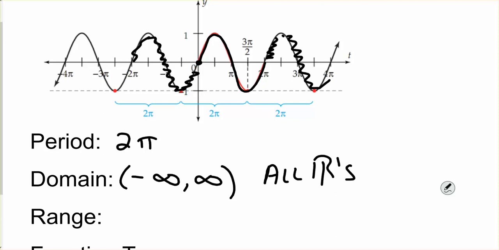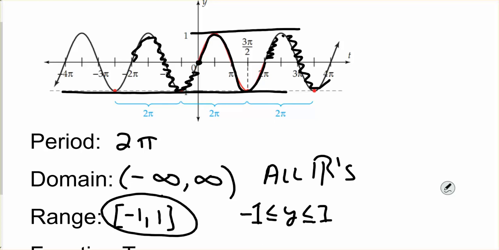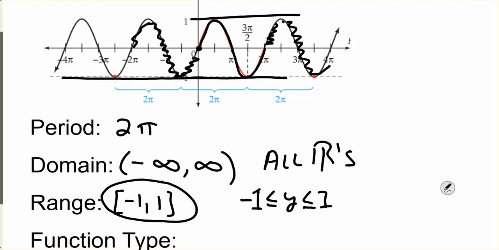Well, the highest it goes looks like is here, and the lowest it goes is like right here. So the range is from -1 to 1. You can write it like that, or you could write it like this: -1 is less than or equal to y, is less than or equal to 1. Either one of those will work. This one on the left here, that is interval notation, and we like that.